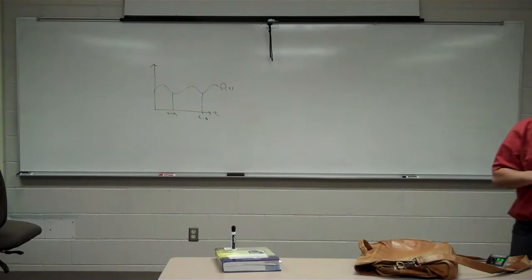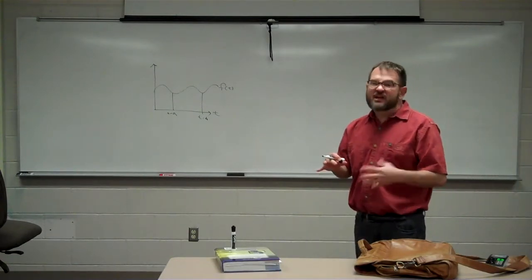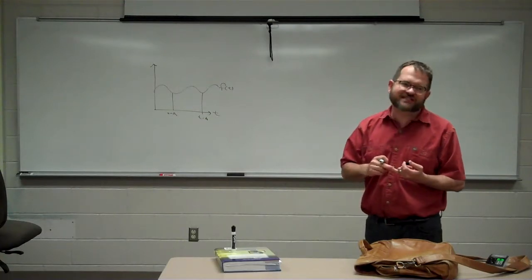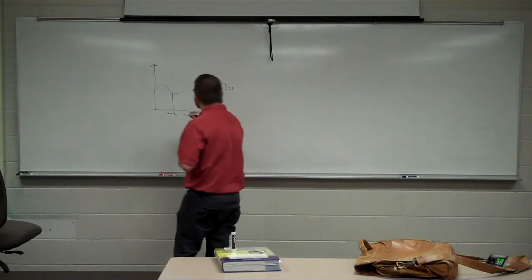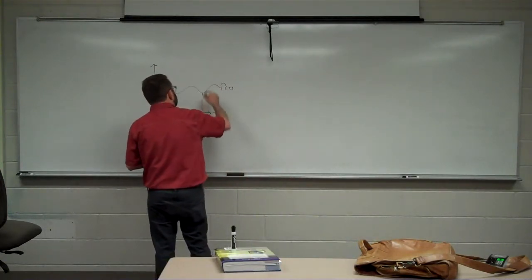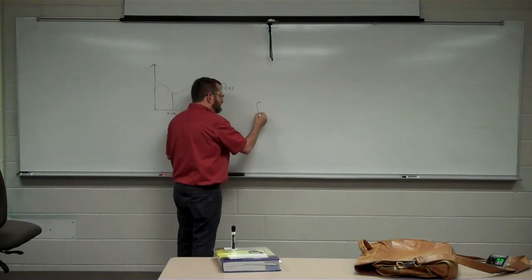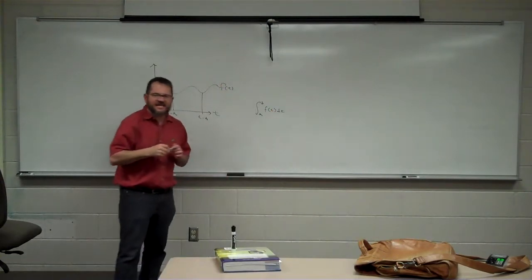We skipped all the stuff about how, technically speaking, the function has to be continuous and all that kind of good stuff. We're going to live without that. But we knew that area underneath there is the integral from a to b of that function, in this case dt, because you're integrating along the t-axis.